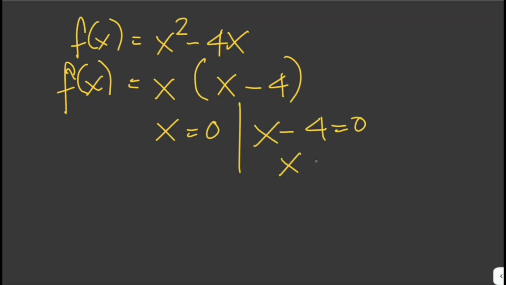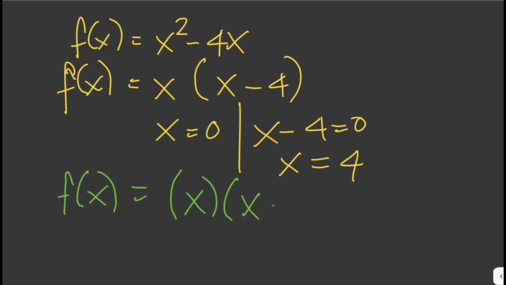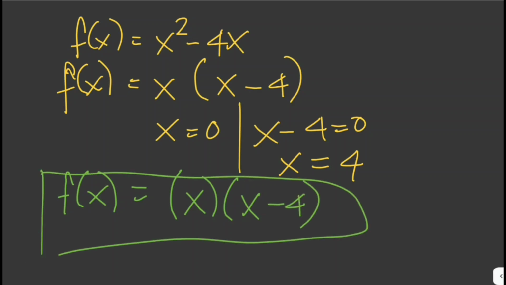Then we get x equals 0 and x equals positive 4. So these are now the x-intercepts, and we can now write our equation in its intercept form. So a is 1 times x minus 0 times x minus 4. So this is now its intercept form.